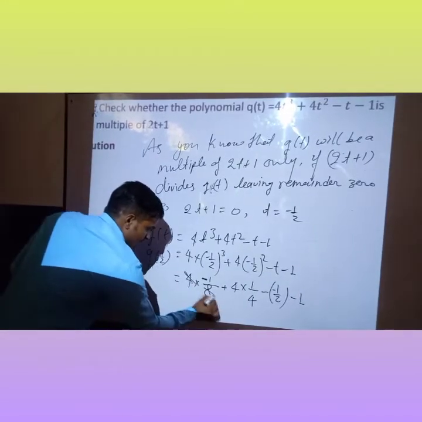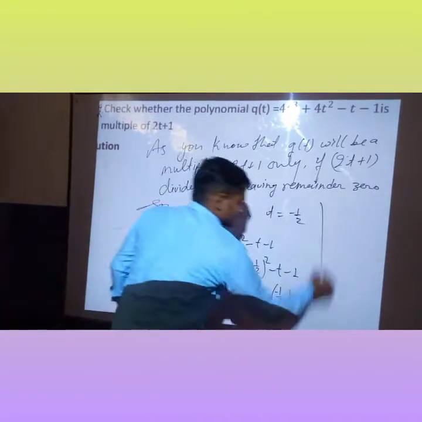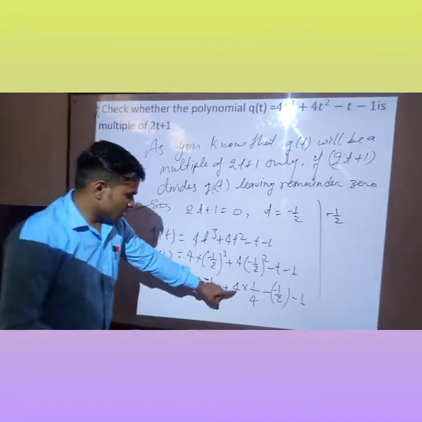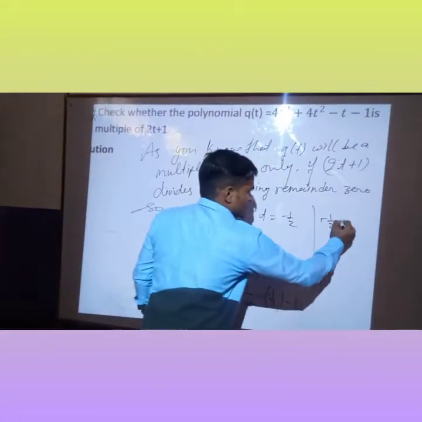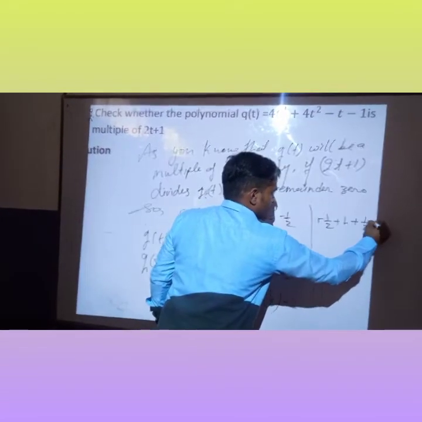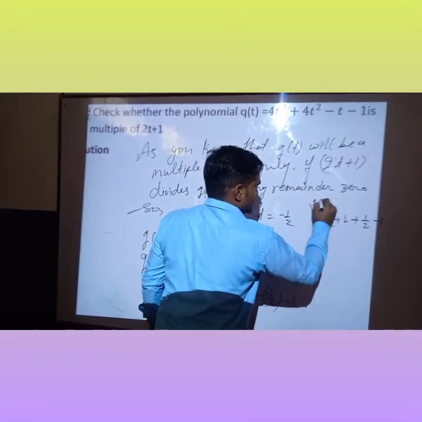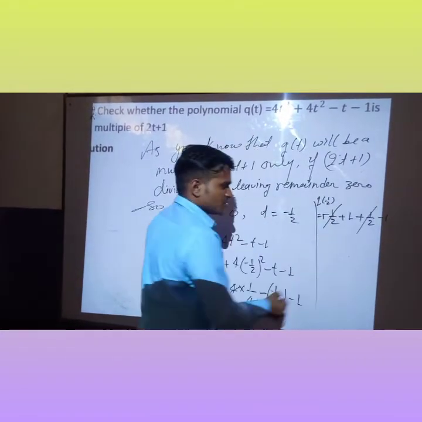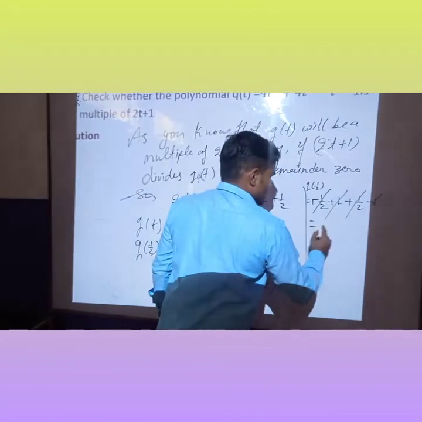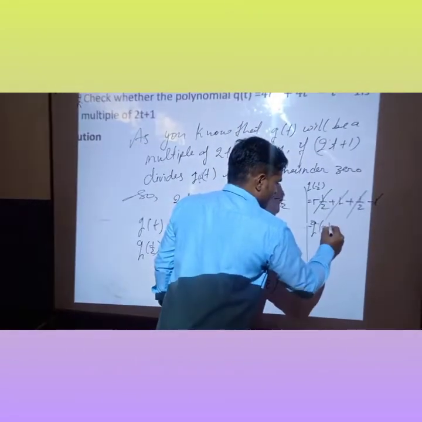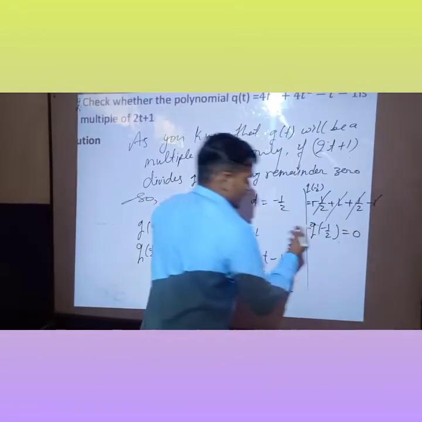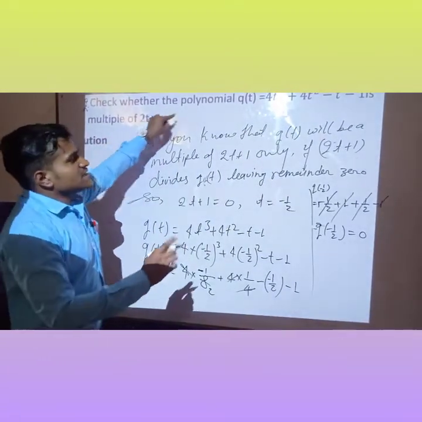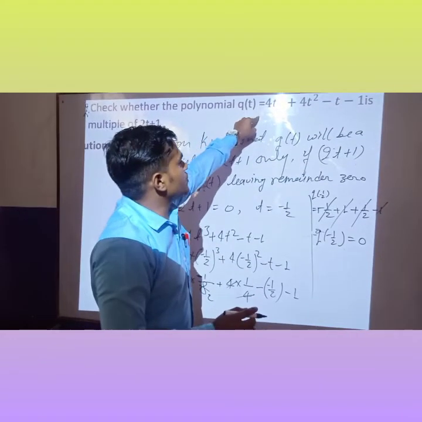Students, 4 into (minus 1 upon 2) cube is minus 1 upon 8 times 4, plus 4 into 1 upon 4, minus (minus 1 upon 2), minus 1. That divides to give minus 1 upon 2 plus 1 plus 1 upon 2 minus 1. Minus 1 upon 2 and plus 1 upon 2 cancel, and 1 and minus 1 cancel. It means we get q(minus 1 upon 2) is equal to 0. It means 2t plus 1 is a factor of q(t).